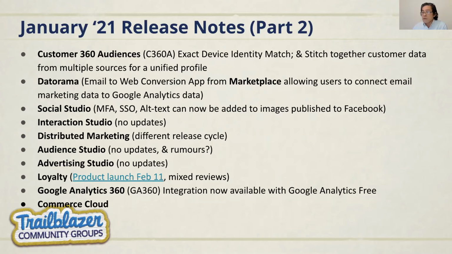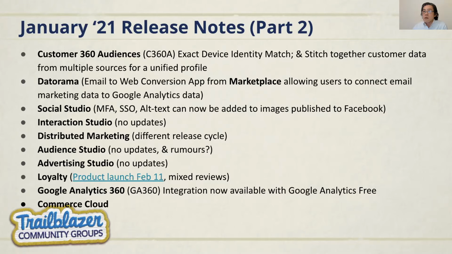It's now live, went live last October, and it's quite a beast, but I think it's a good solution if you are looking for a single source of truth. If you're a major B2C retailer and you want to find the actual person who has a laptop, a phone, a tablet, and a desktop, and they sign up with different emails, you can actually figure out it's the same person.